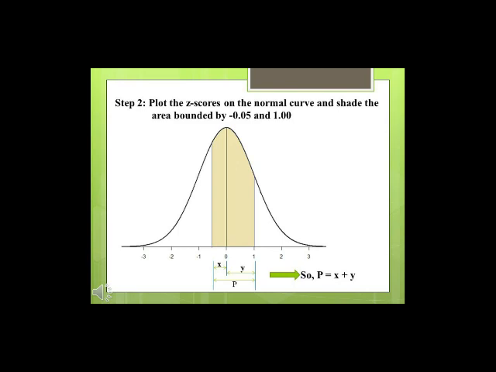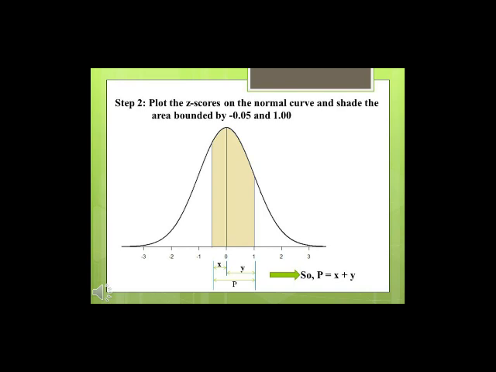Now, let us draw a normal curve. Plot minus 0.50 and 1.00. Then, shade the area between them. Likewise, label the parts correctly, and assign letters to represent the areas.